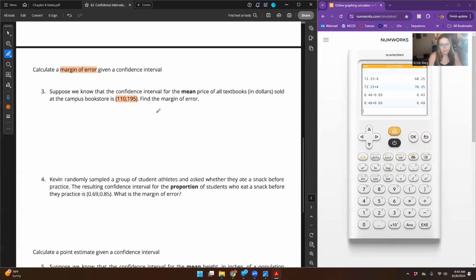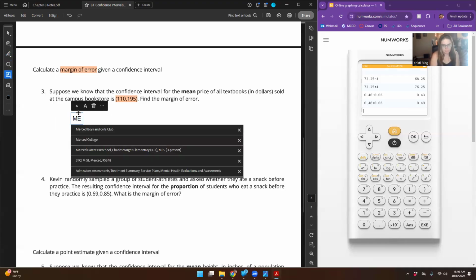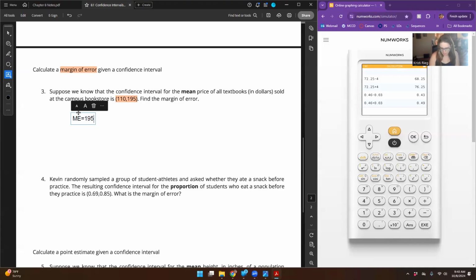I'll just write it out. For the margin of error, we want to take the biggest minus the smallest, and then we are going to divide that by 2. Here's my line. Divide by 2.